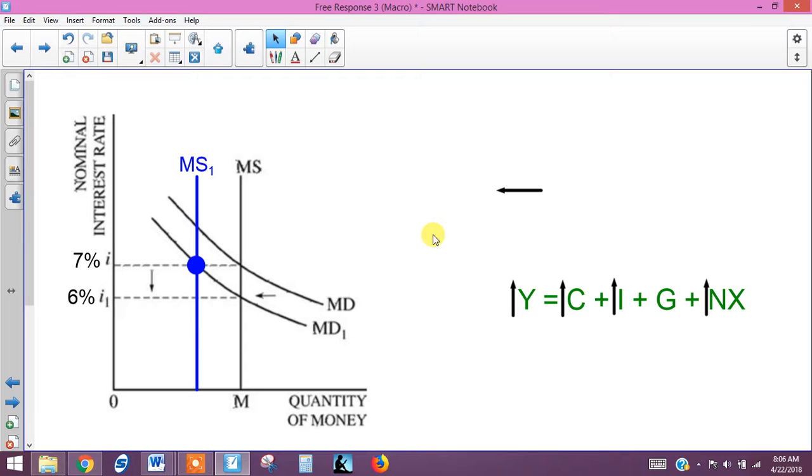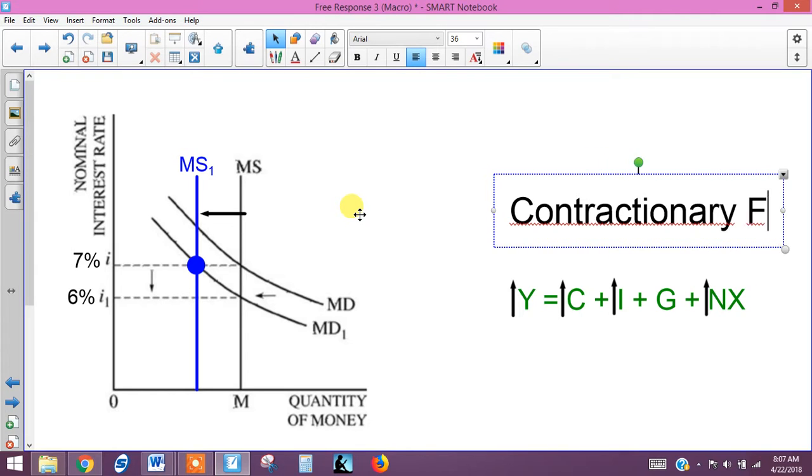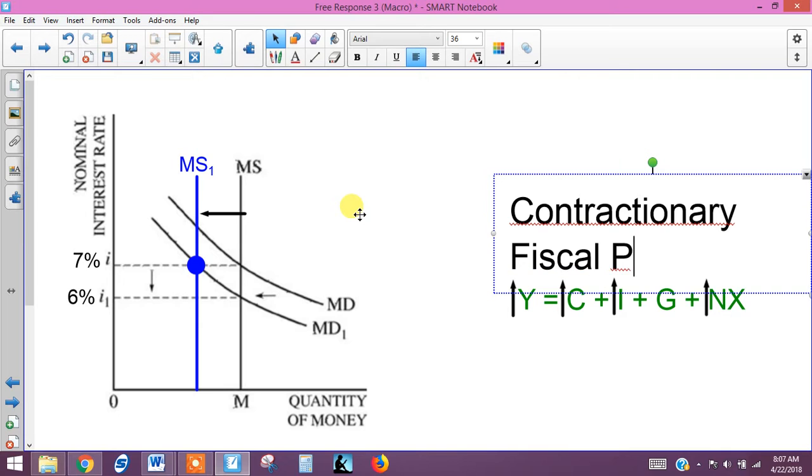So that takes money out of the money supply. So the Fed is going to sell bonds, and this is contractionary policy. Let's just put that there.